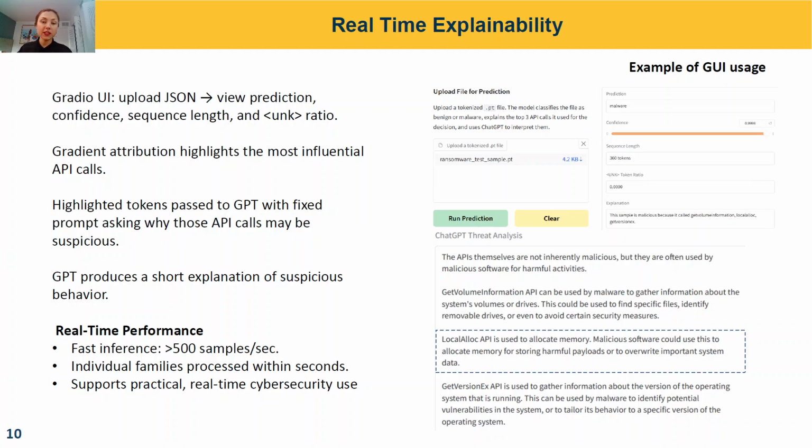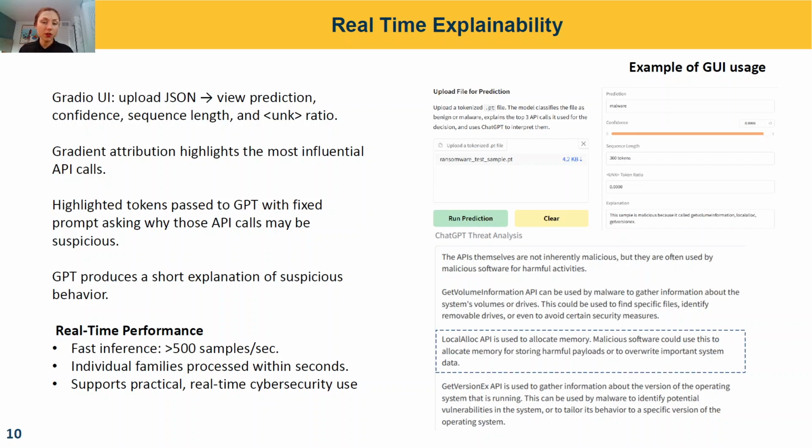We then feed the highlighted tokens to GPT with a fixed prompt asking why those API calls may be suspicious. In the example on the right, we see that the local alloc API in a malicious context can be used by malicious software to allocate memory for storing harmful payloads or to overwrite important system data.